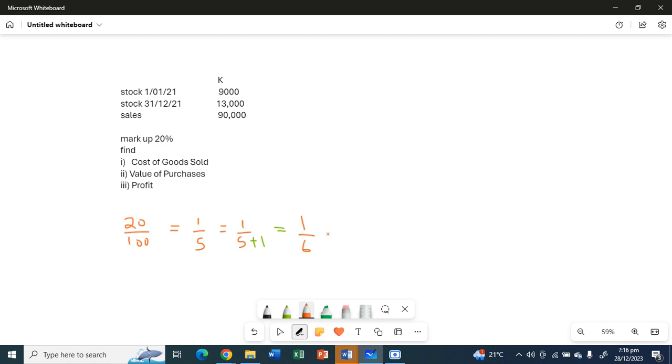And this we can convert into a percentage. So 100 divided by 6, to one decimal place, we just say 16.7%.